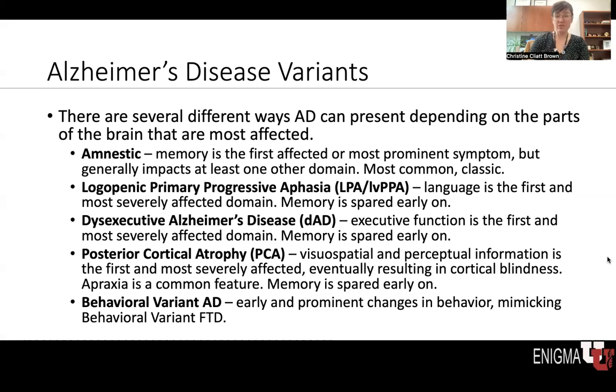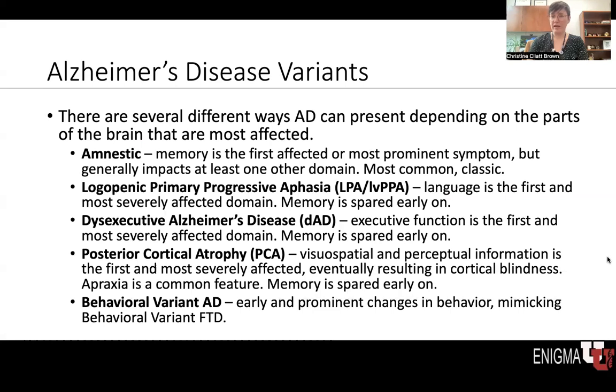So eventually, as this disease progresses, these people with PCA can get something called cortical blindness, where they really can't interpret any visual information about their environment. They can't recognize things from pictures. They can't read.